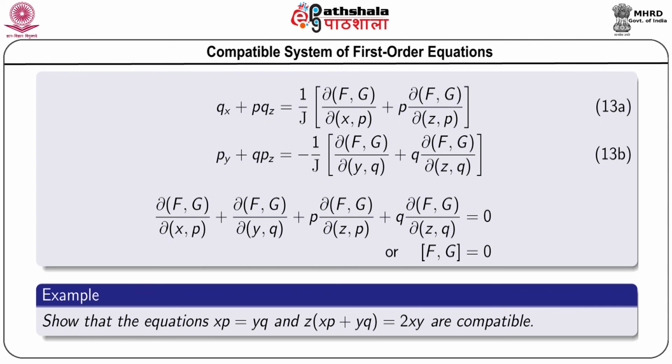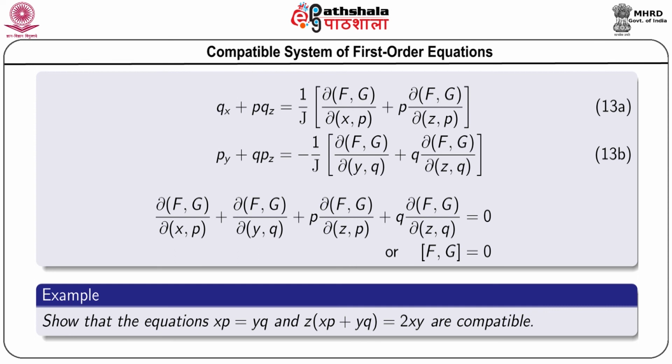So, if the functions F and G satisfy this relation, we can say that these two systems are compatible. That means the solution of F satisfies the equation G, and the solution of equation G will satisfy F equals 0.